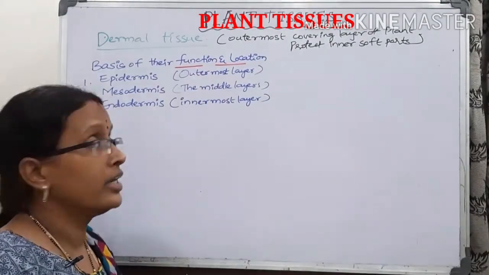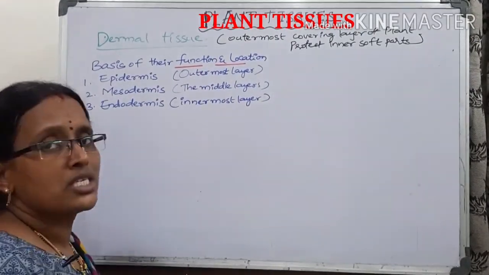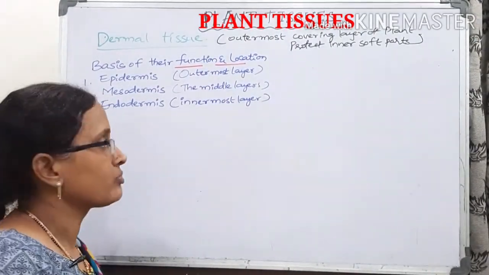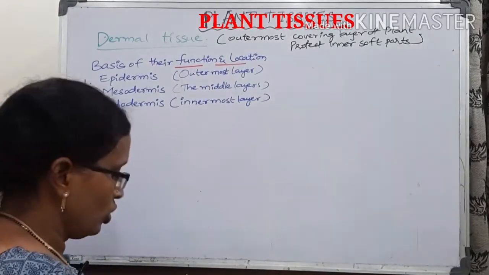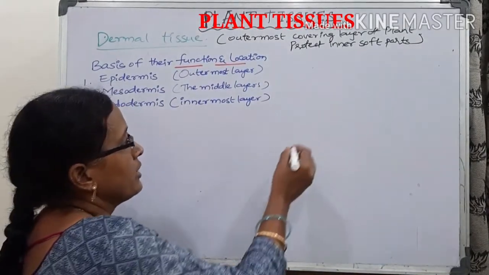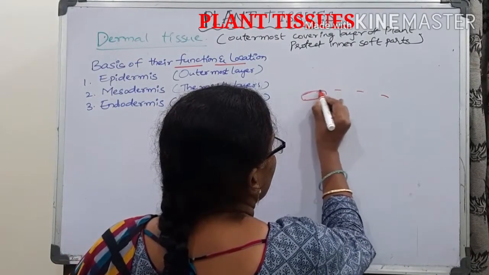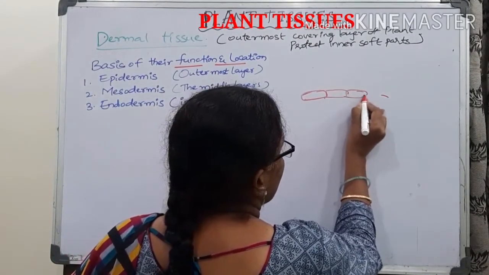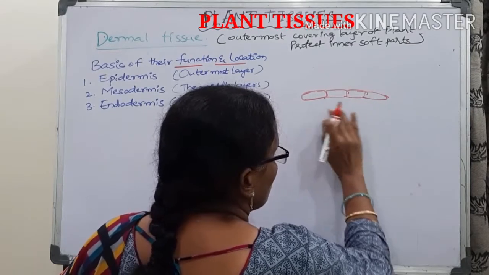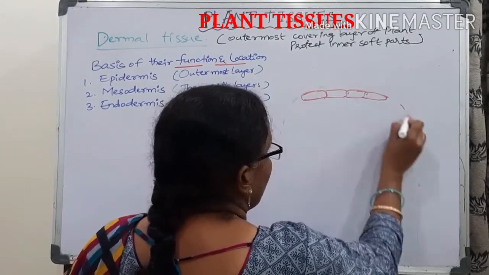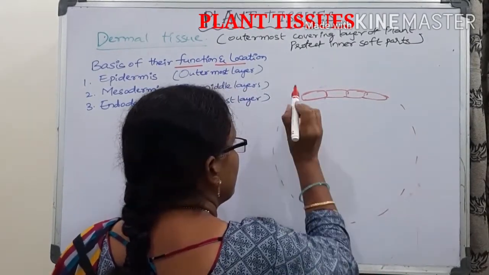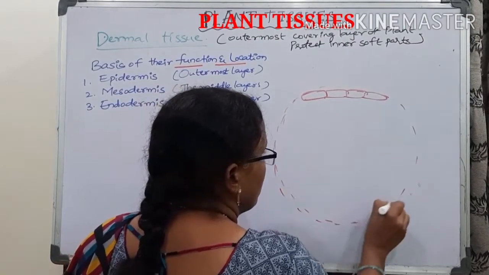Dermal tissues are divided into epidermis, the outermost layer. If you take a plant, the outermost layer is one cell thick.